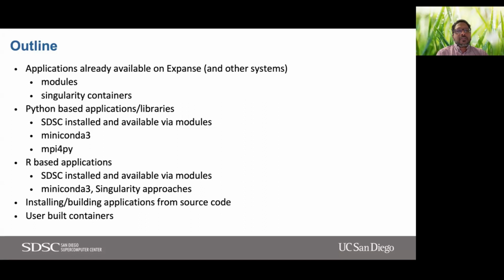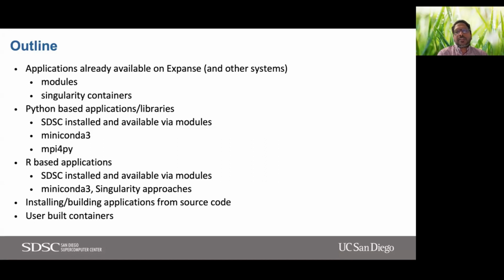Then I'm going to go specifically into Python and R applications, mainly because there are multiple ways to use these applications, and we just want to go over the various approaches you can take. And then in the end, I'm going to talk about building applications from source code.